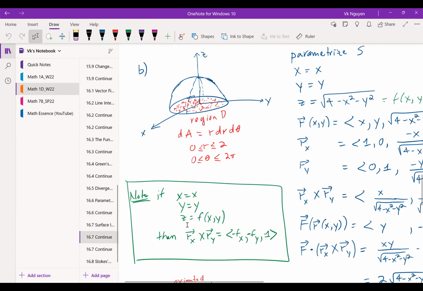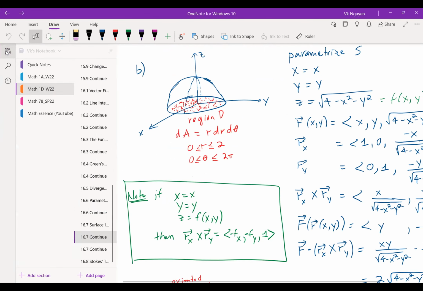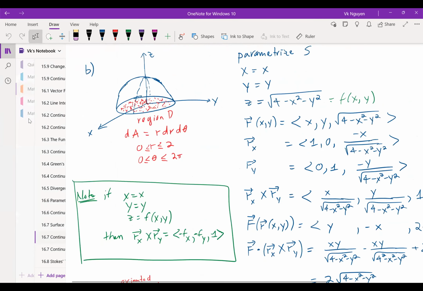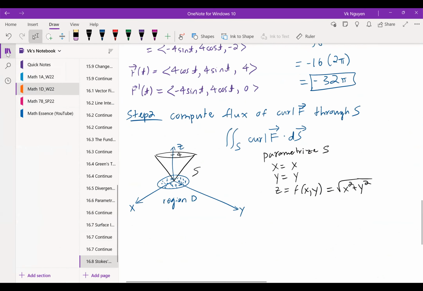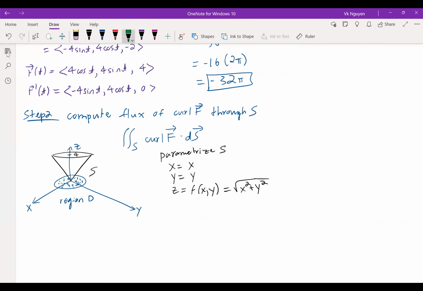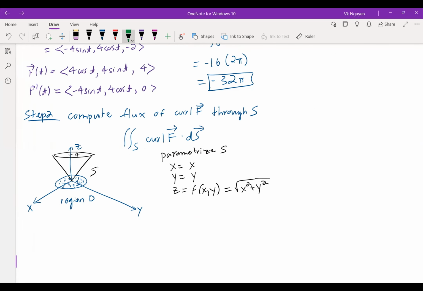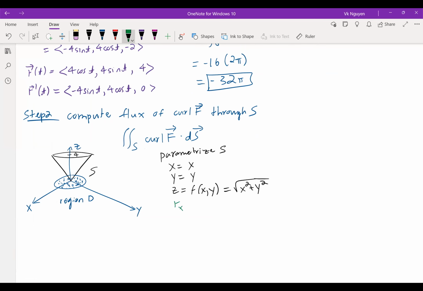Let's see. If you do this, then r_x cross r_y is the normal vector. Let's use it.